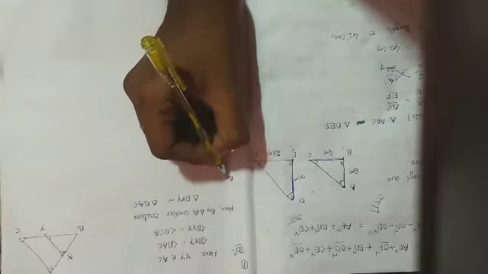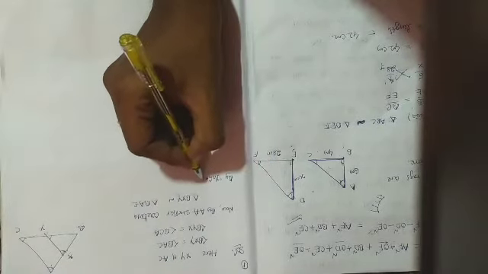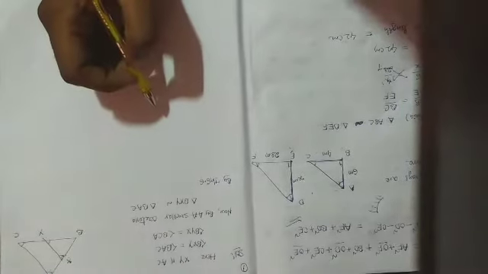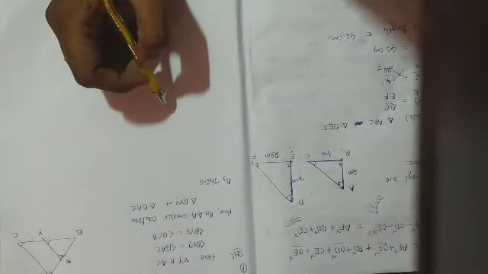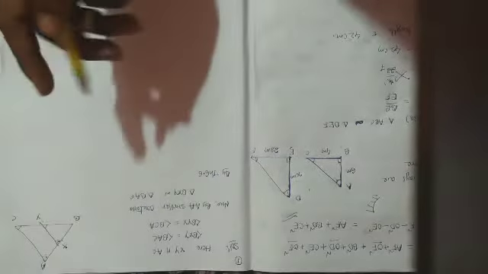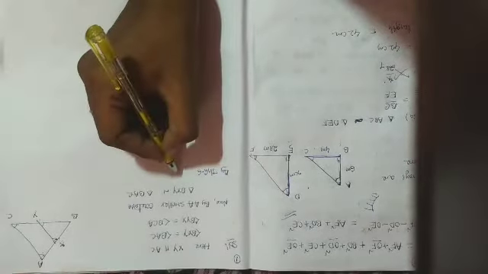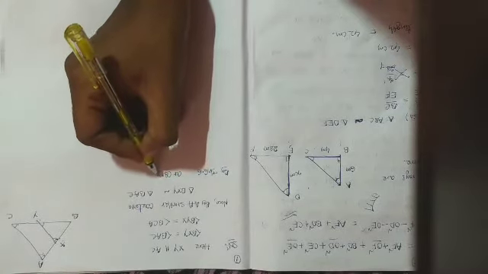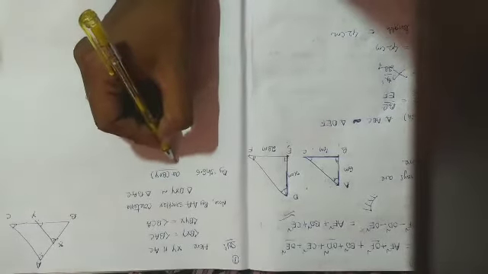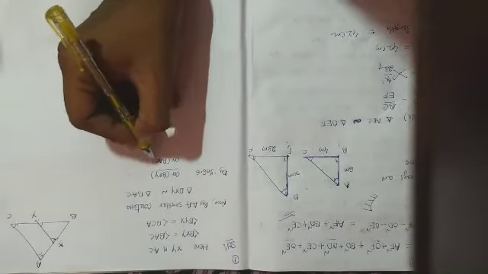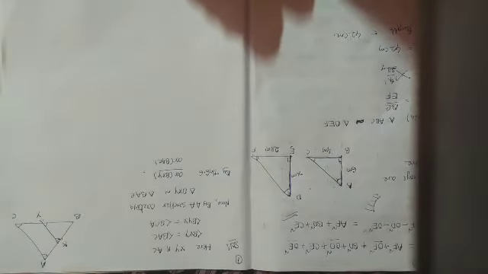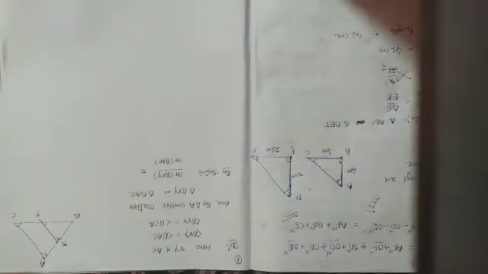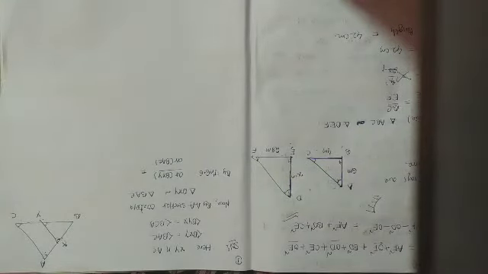By theorem 6.6, if any two triangles are similar, the ratio of their areas will equal the square of the ratio of the corresponding sides. Now I can write here area of BXY by area of BAC equals the square of the ratio of the corresponding sides.